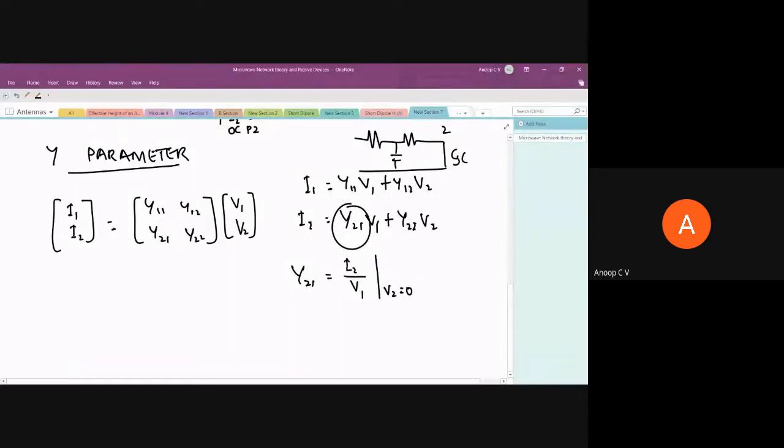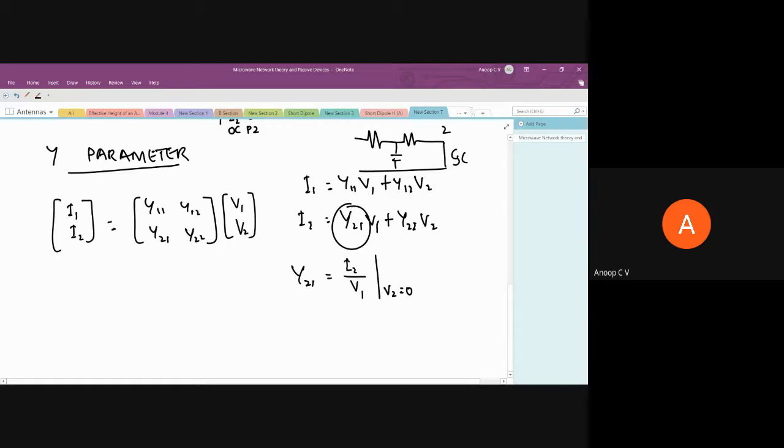So the problem with Z, Y, H or ABCD parameters is that if you have to describe a network using these parameters, you should either perfectly open circuit or perfectly short circuit.